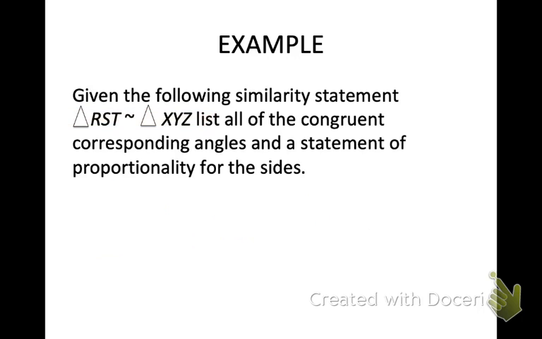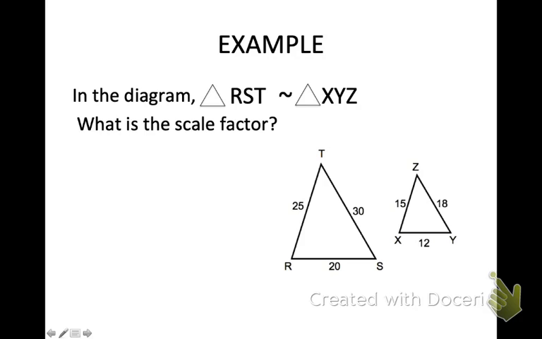Now we're going to get into scale factor. So now we are given triangle RST is similar to triangle XYZ. So now they actually physically put them there for us. We need to figure out what the scale factor is. So our scale factor, I'm going to use the letter K, is equal to your original over the new.